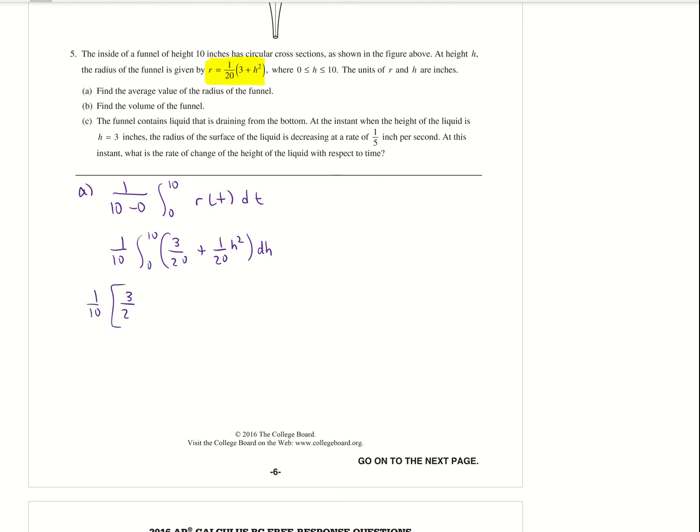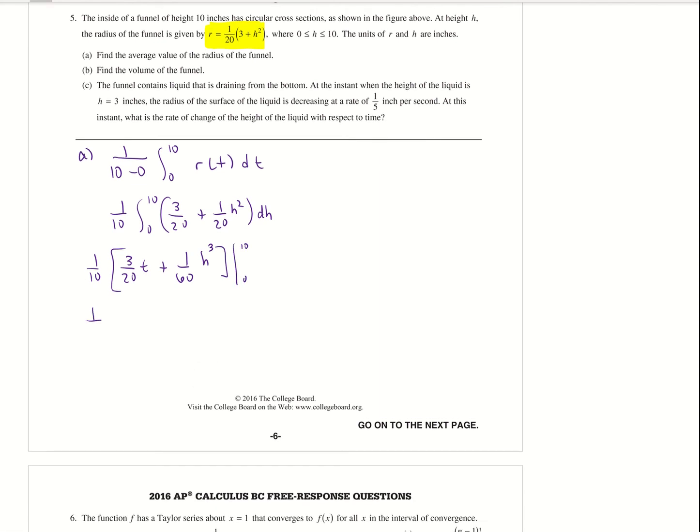This would be 3/20 h plus, let's see, I'll raise my power and divide by that new power. And I want to evaluate this at 10 and 0. So this would be 1/10 times, if I plug in a 10, 30 over 20. You could choose to reduce that or not. Plus, let's see, that'd be 1,000 over 60.